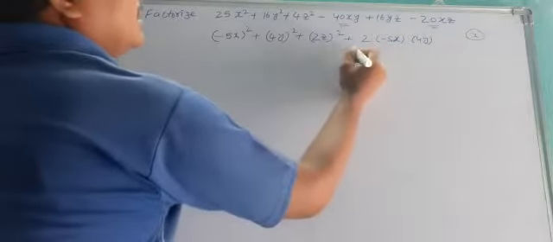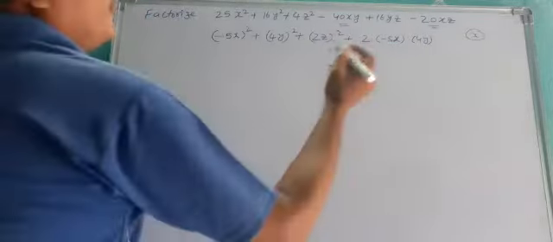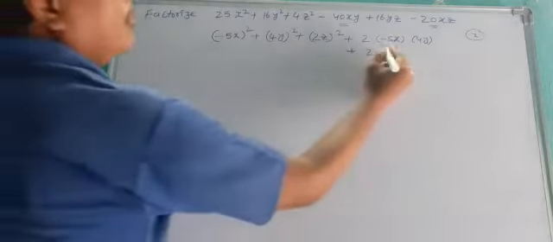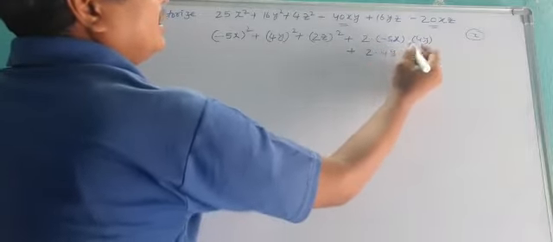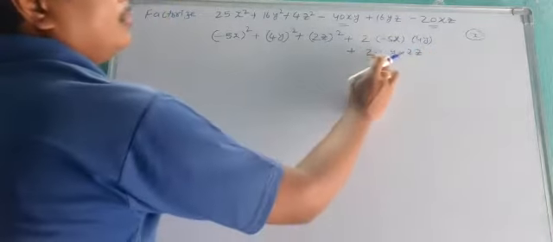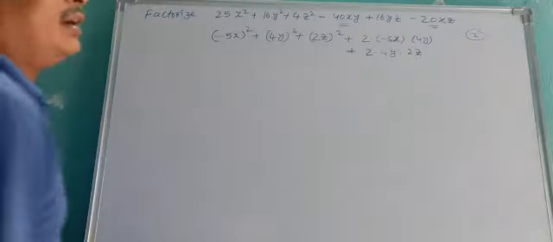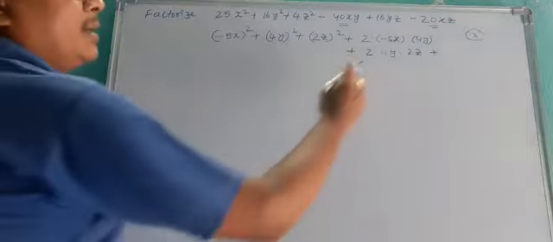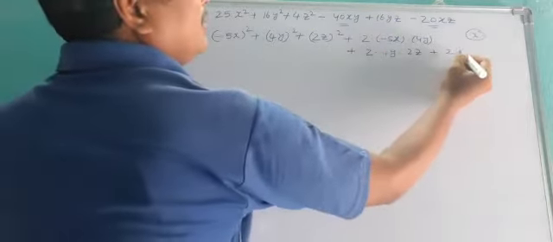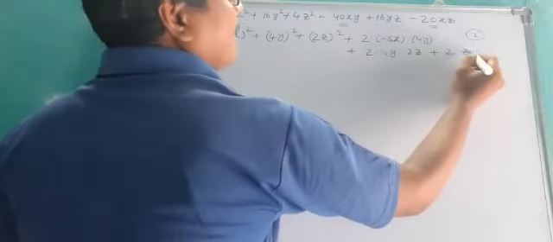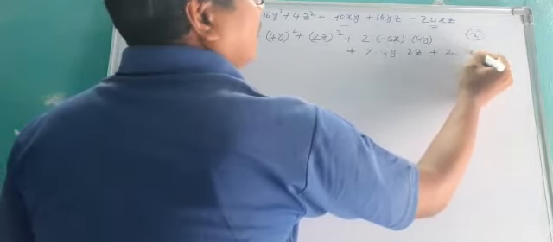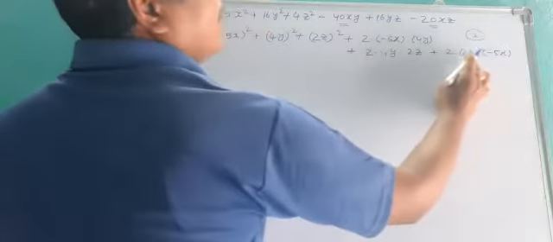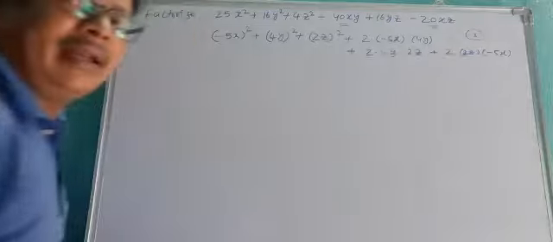Next plus 2bc, where b equals 4y and c equals 2z: 4 twos are 8, 8 into 2 is 16yz. Last and final plus 2ca, with c as 2z and a as minus 5x: minus 5 into 2 is minus 10, into 2 is minus 20xz.